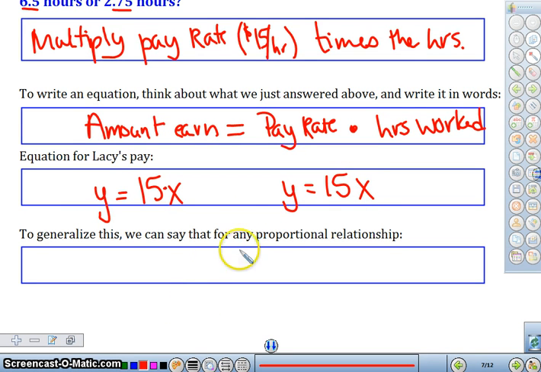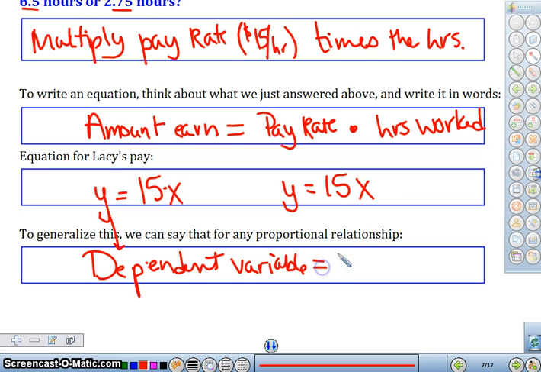So to generalize this, we can say that for any proportional relationship, we're going to put the dependent, right, that's our y, the dependent variable y equals, we're going to put our slope, or in this case, our unit rate, times our independent variable.